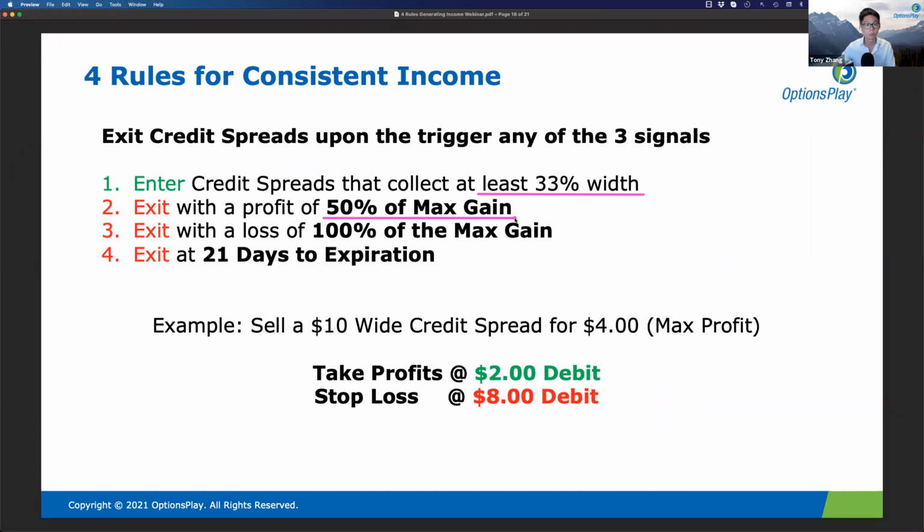The second rule is if you've lost 100% of the max gain, cut your losses and get out. And the third rule is if the trade reaches 21 days to expiration and you have not hit your take profit level, or you have not hit your stop loss level, still get out of the trade. So whichever one hits first, that's your rule to get out of the trade.